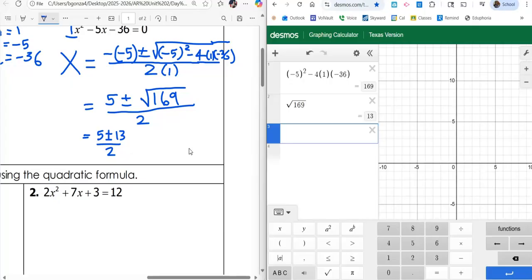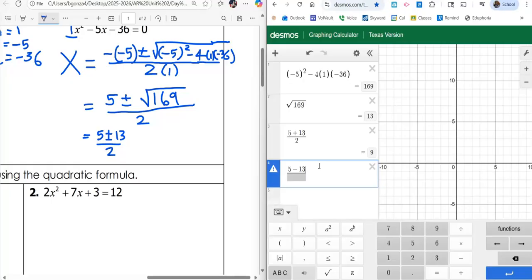Watch this. 5 plus 13 over 2, and then 5 minus 13 over 2. Does everyone see that? I did once with the plus sign, once with the minus sign. So what are my two answers? Negative 4 and positive 9.